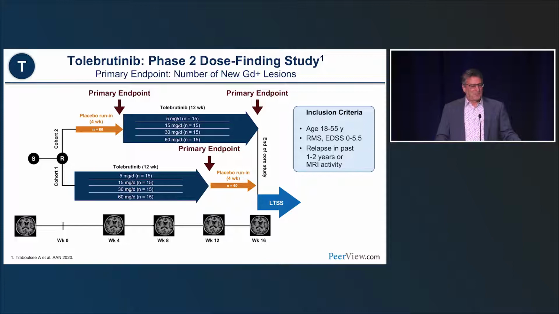And it actually worked. I won't go into all the details, but the group was divided into two. The first group, cohort 2 rather, would have 1 month of placebo before starting one of the doses, and then cohort 1 would go right into one of the doses, and then be on placebo for a month at the end of the study.